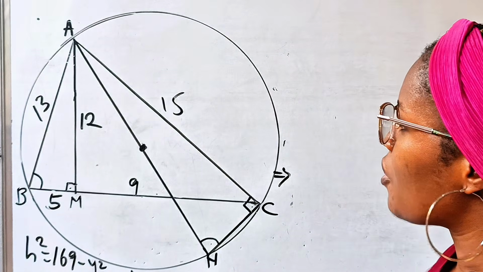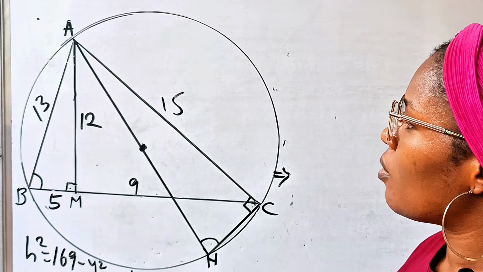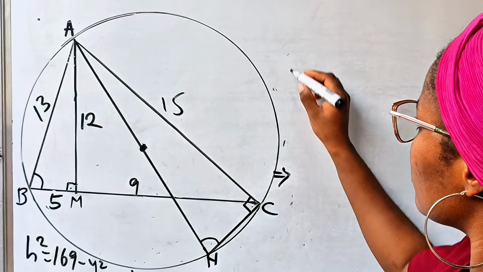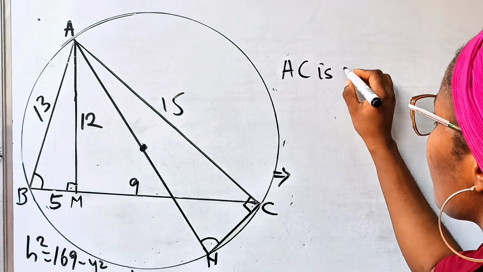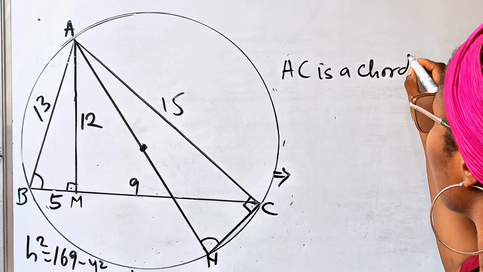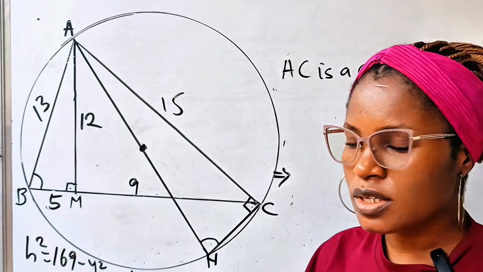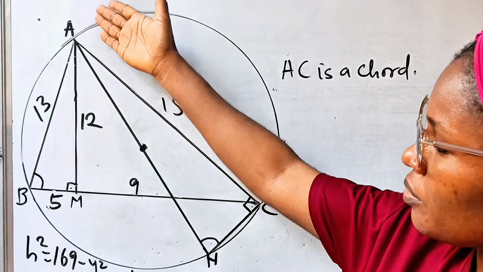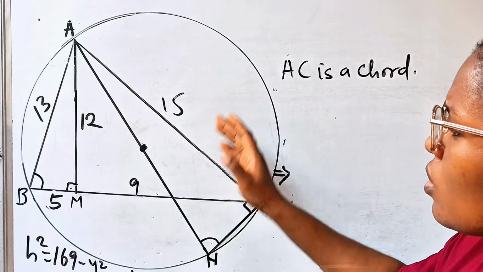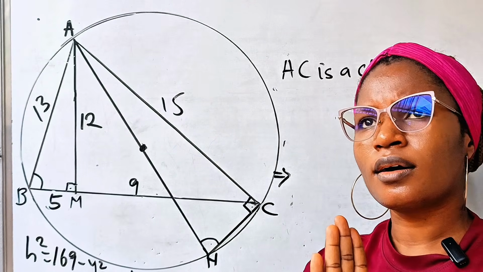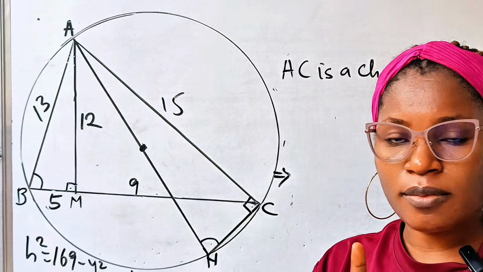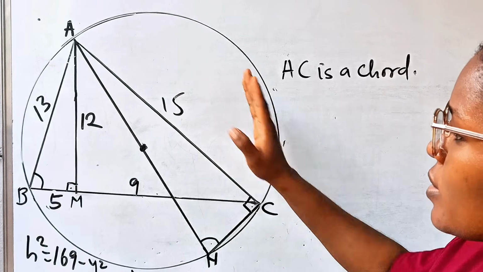Why? Now remember that when you draw a chord of a circle, AC is a chord. The chord of a circle divides the circle into two segments, the major segment and the minor segment.